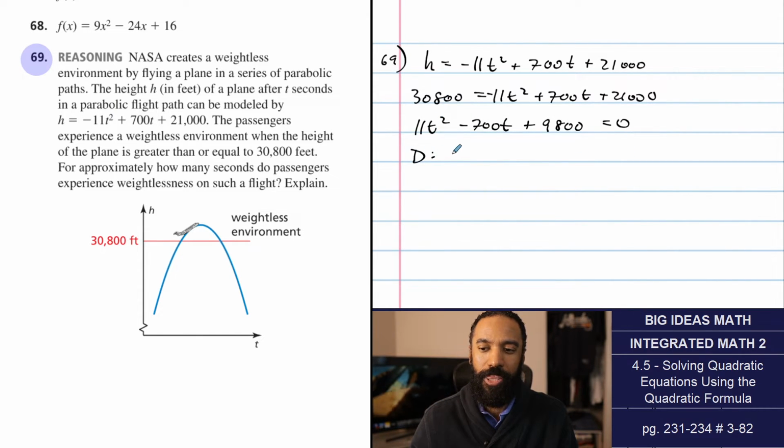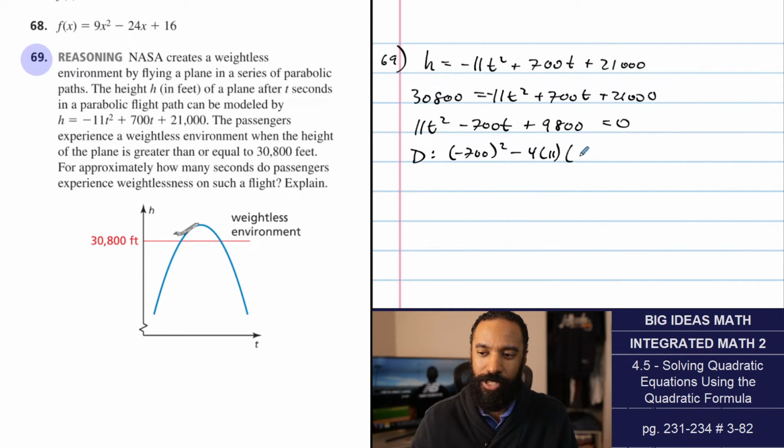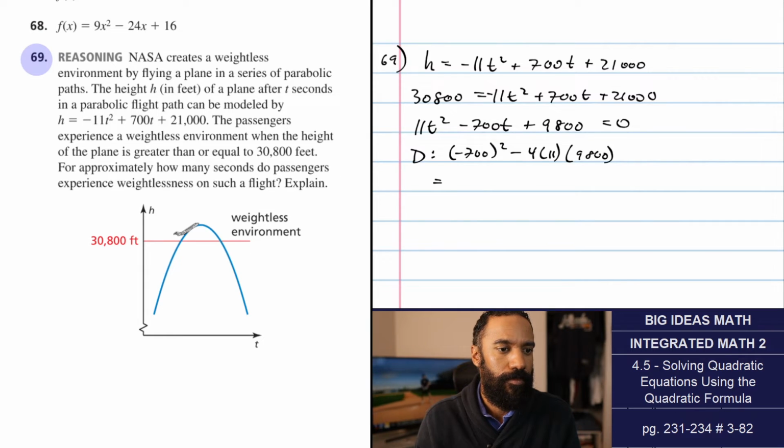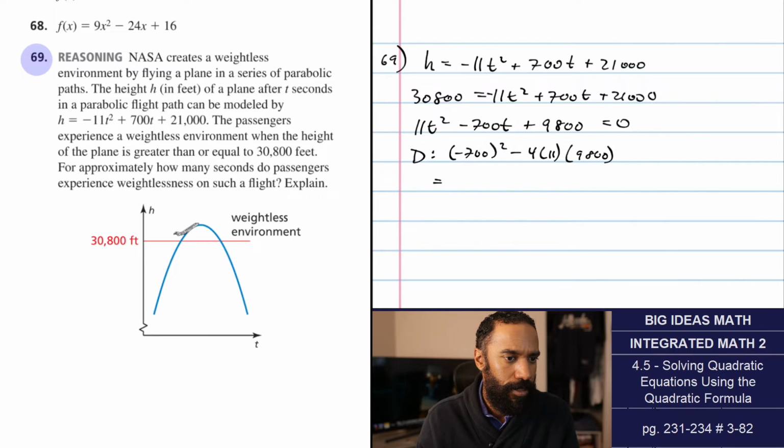So the discriminant there is b squared minus 4ac, which is, well, 700 squared is 490,000, I think, minus 44 times 9,800.